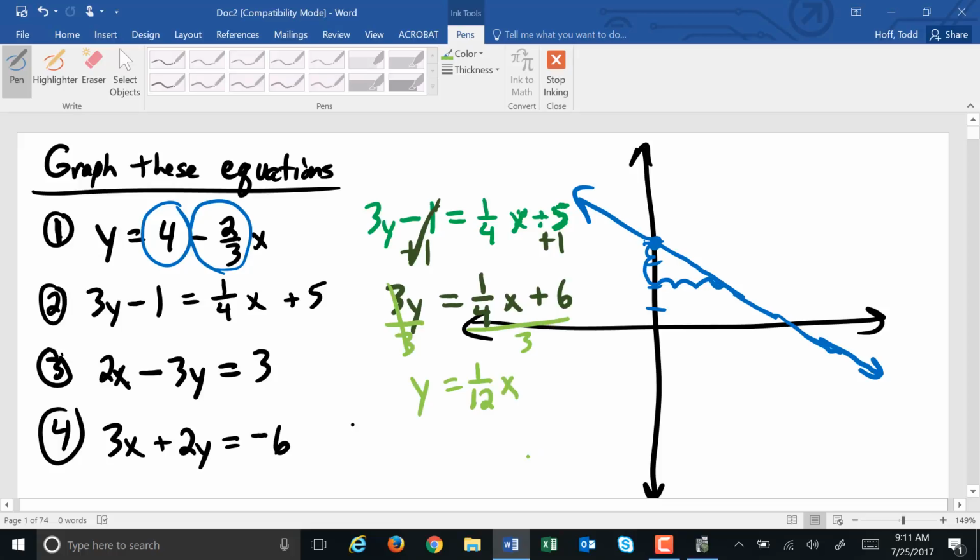Think of 1/4 divided by 3 becomes 1/4 times 1/3, which is 1/12. What is 6 divided by 3? 2. So when we go to graph this, we start at 2, and then from there we go up 1 and over 12. Somewhere in there. A fairly flat line.